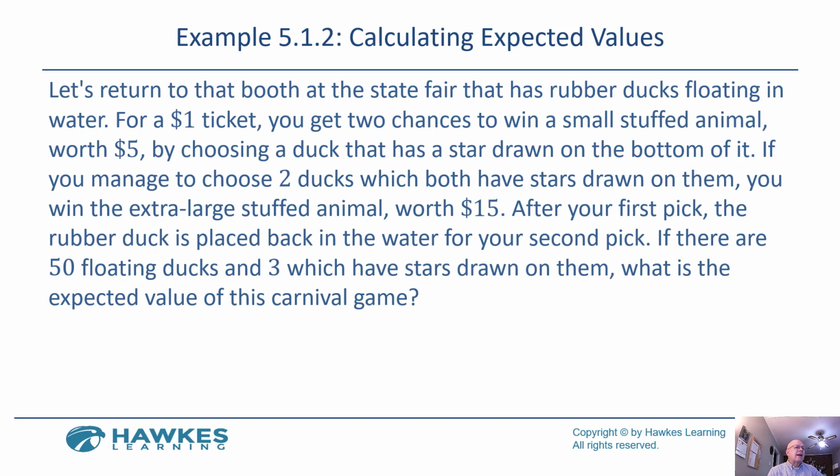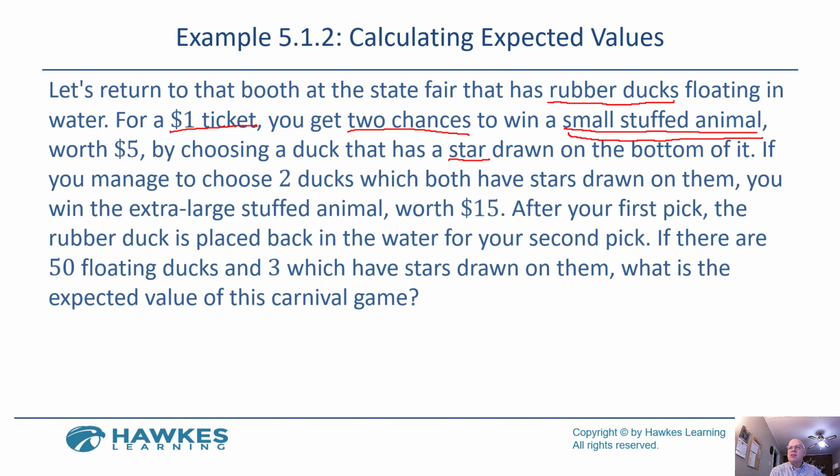So here's an example with those rubber ducks that I think we've talked about before. You stand there and someone's yelling, come and try to get a stuffed animal. For a $1 ticket, if you get one duck that has a star on it, you get a small stuffed animal.